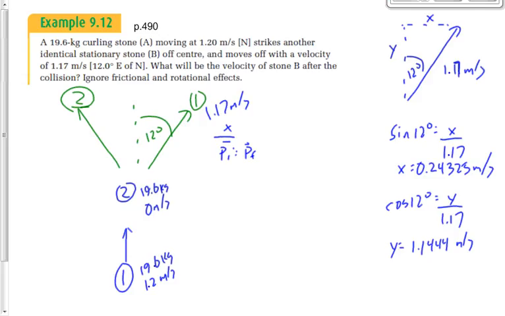Object number 1 is only moving on the y-axis. m1 v1f plus m2 v2f. Oh, masses cancel too, because they're the same mass. What's v1f? Kathleen, do you know what v1f is for the x component? Yeah, good.